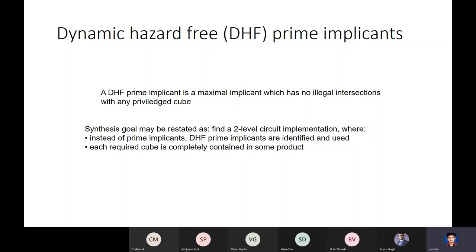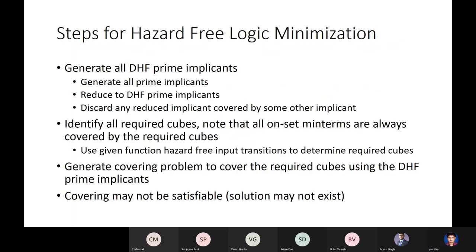It is a two-step process. First step, you identify all the DHF prime implicants. Second step, use these DHF prime implicants to cover all the required cubes, and of course all the ones also. If you can do these two, you basically get a hazard-free realization. As we have said, these are the steps: generate all DHF prime implicants.